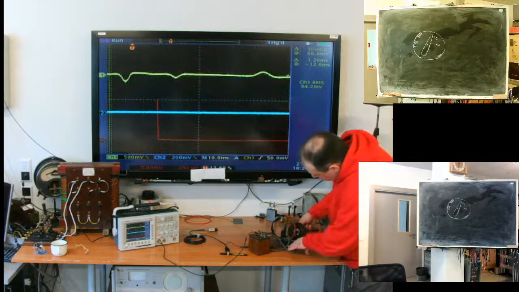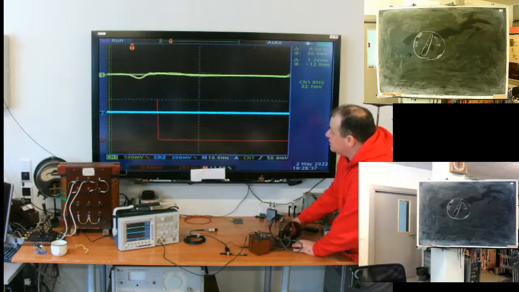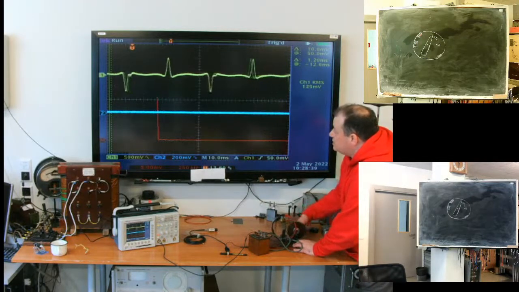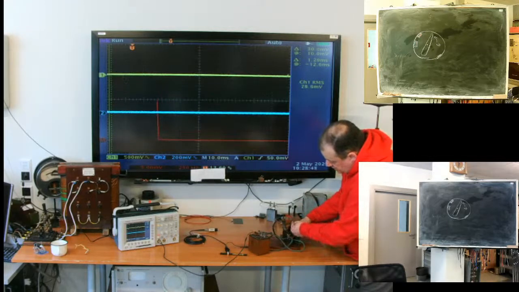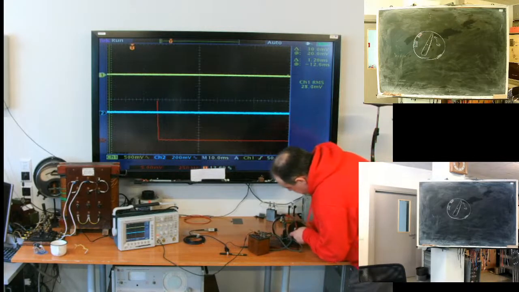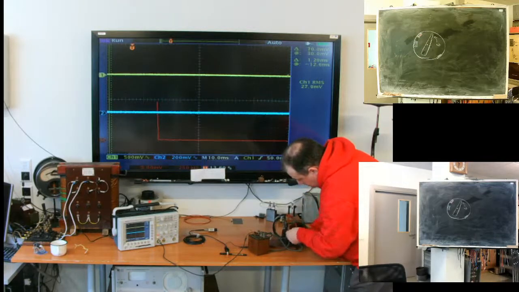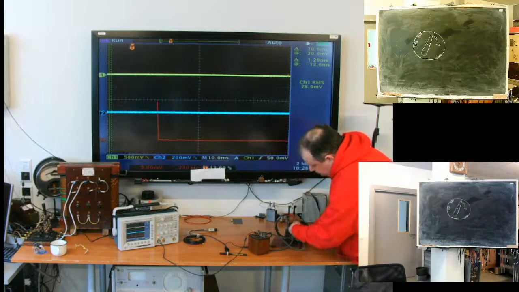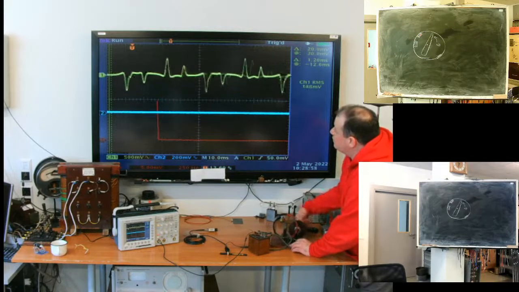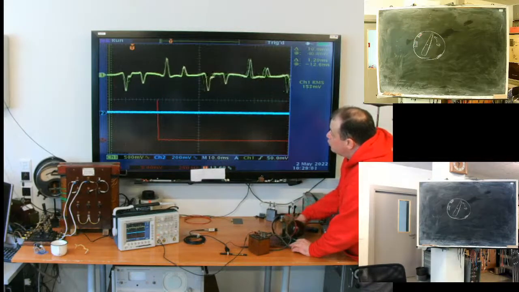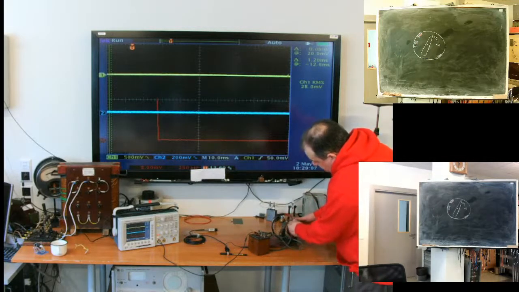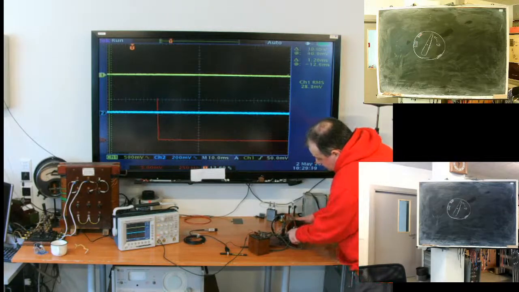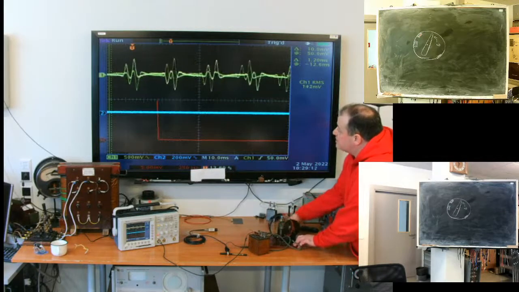I remove this additional magnet. A symmetrical curve with equal periods. I'm adding one to one. I can make something like this.